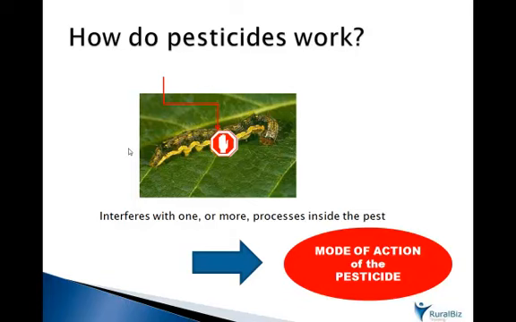Having a quick look at how pesticides work, we can say that the active ingredient works by interfering with one or more processes inside the pest. We call this the mode of action of the pesticide. The mode of action refers to how the pesticide affects a pest, how the pesticide actually kills a pest.